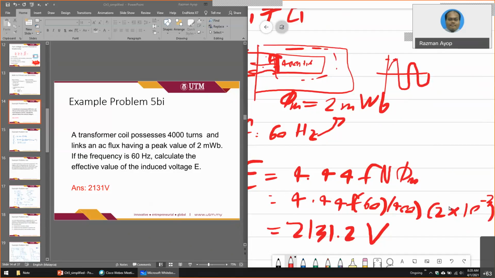This is the voltage across the winding, plus minus E. So that is how you get the induced voltage.